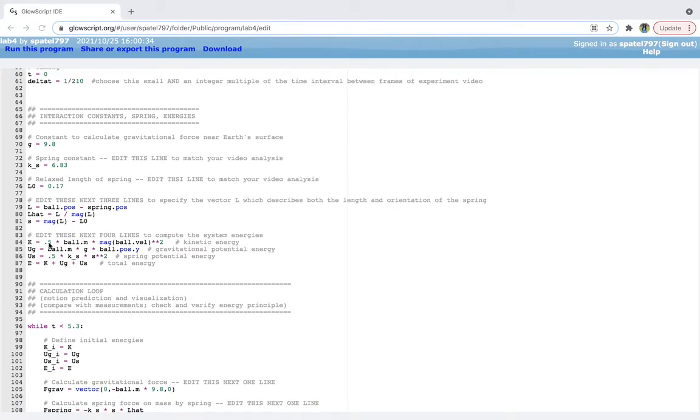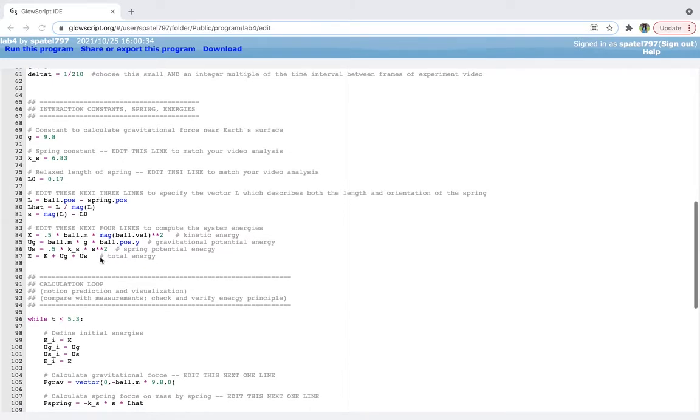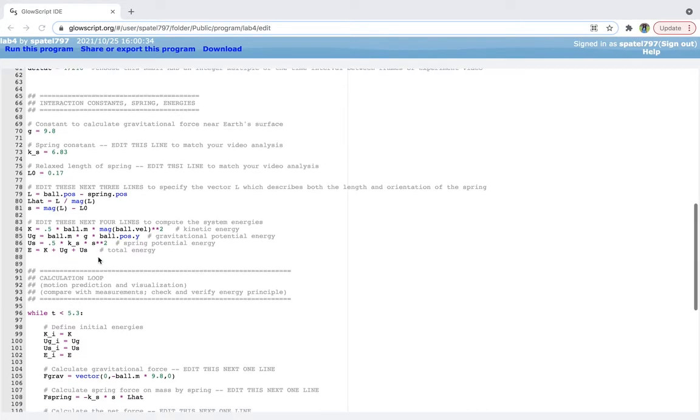Kinetic energy is given as 1/2 times the ball's mass times the magnitude of the velocity squared. Potential energy is given as the mass times gravity times height. And the spring energy is given as 1/2 times the spring constant times s squared. The total energy is then given as kinetic plus potential plus spring.